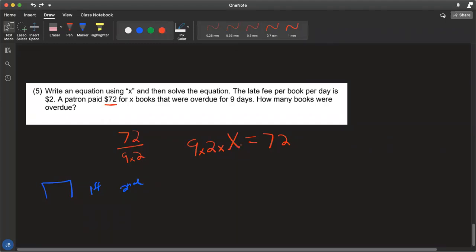Does that make sense? And so now we have our X. And so we can do X, which is our number of books, is equal to, like you said, 72 divided by 9 times 2. Right? Mm-hmm. Okay, and then what do we get here? 4. So X equals 4 books.